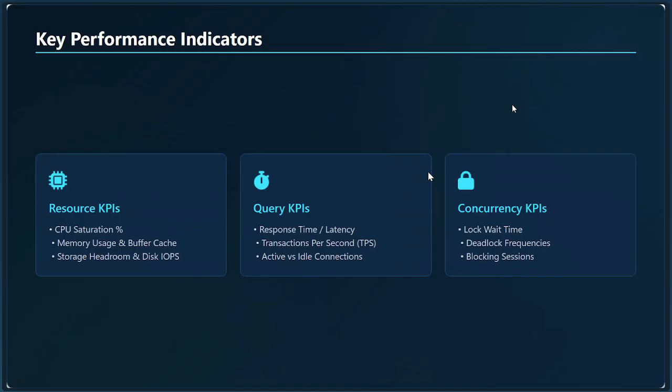So the things you'll be looking out for as a database monitoring and security engineer is to make sure of your CPU saturation, the percentage, the rate at which your CPU is working, because there's what we call availability in cybersecurity, the CIA triad.